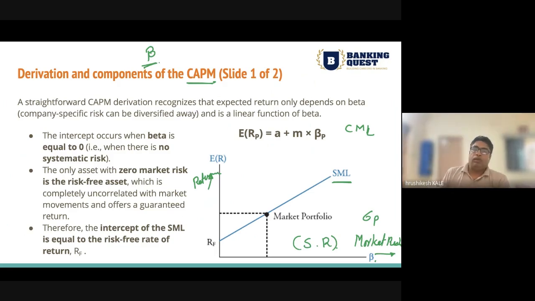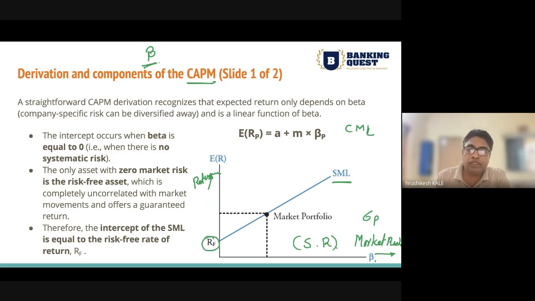Now, for different returns, we have different betas. Higher the beta, higher is the return when you draw that line from the risk-free rate.